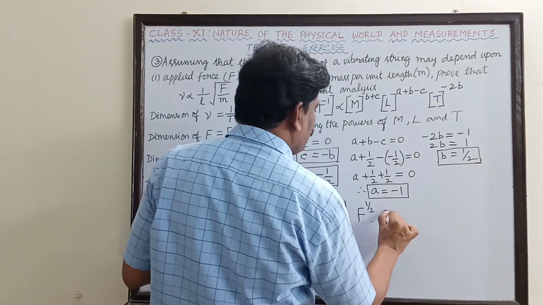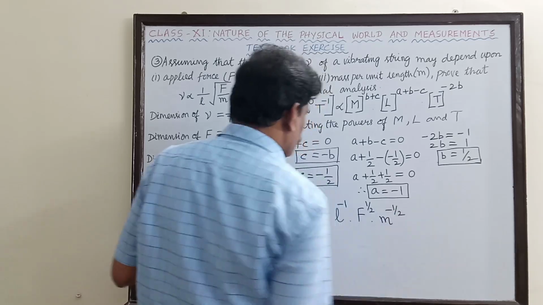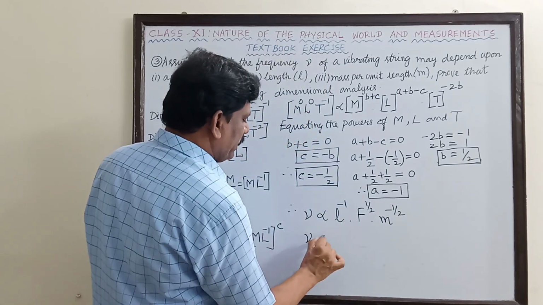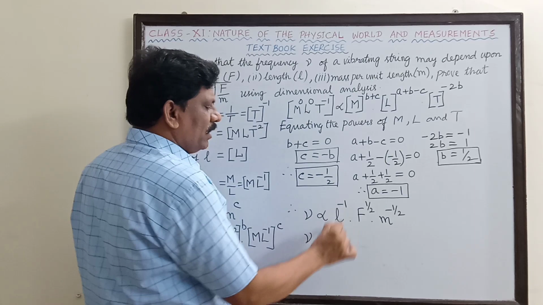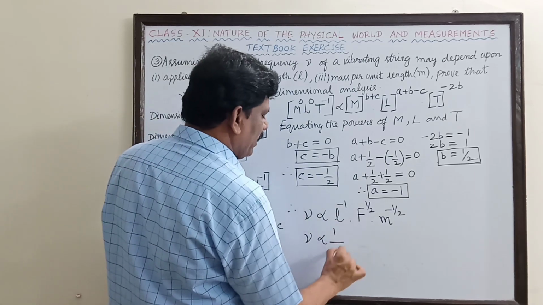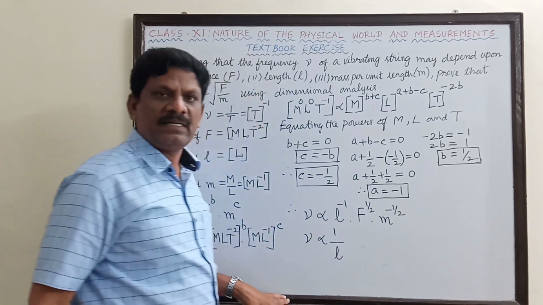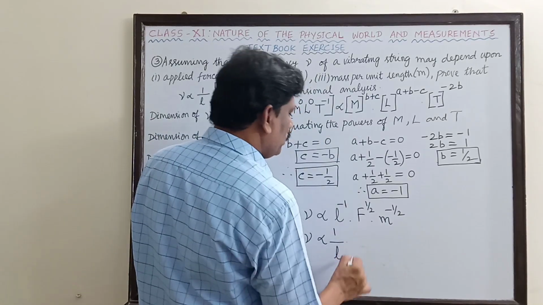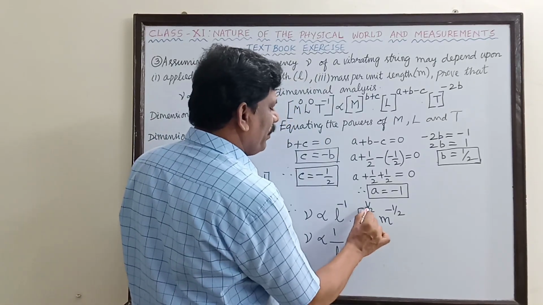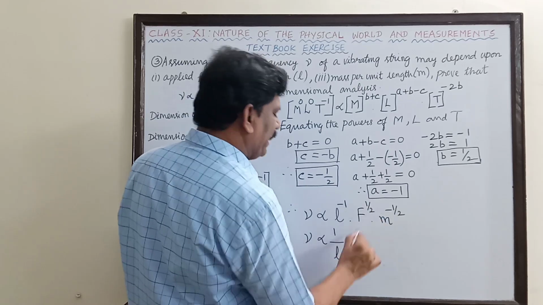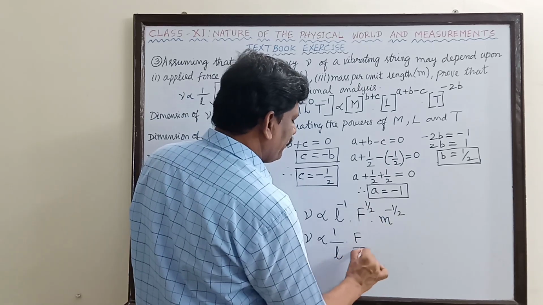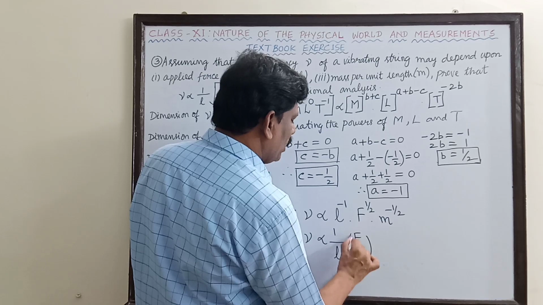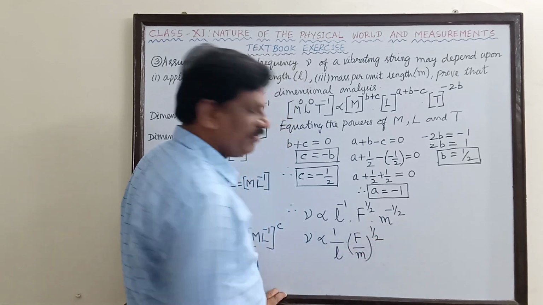So c is power what? Minus 1 by 2. So nu is proportional to L power minus 1, which means 1 by L, is it not? L power minus 1 is 1 by L, into this is F power half, this is M power minus half. So I can write F divided by M whole power half.